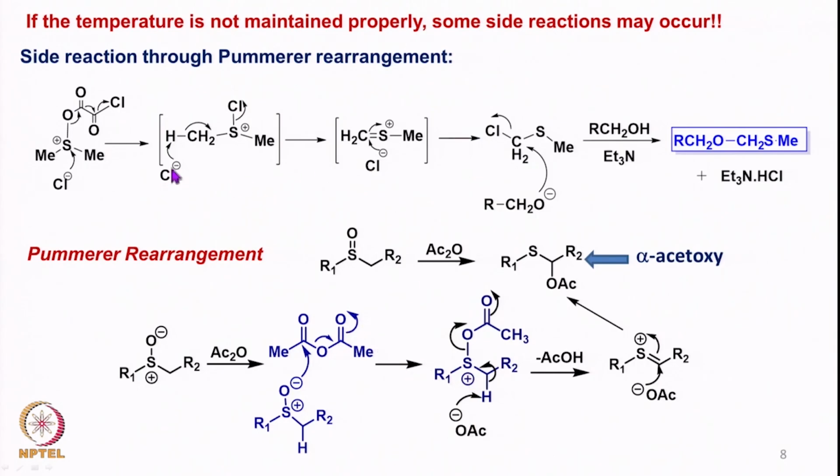Now, just the way the chloride ion removed the proton from here, the acetate ion removes the proton from here, and this acetate leaves off, acetic acid comes off, and we generate this sulfonium ion intermediate, which is what is here. Now, acetate attacks onto this to form the alpha-acetoxy sulfide, similar to the alpha-chlorosulfide. So, this is the similarity between the two reactions, and that happens because if the temperature is not maintained, then some of these side reactions can occur.